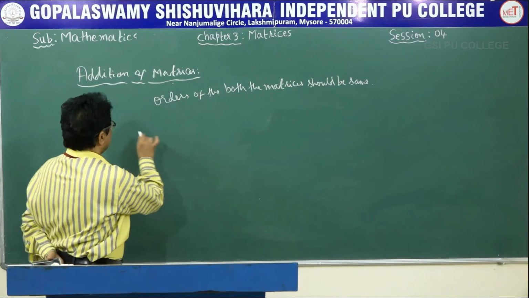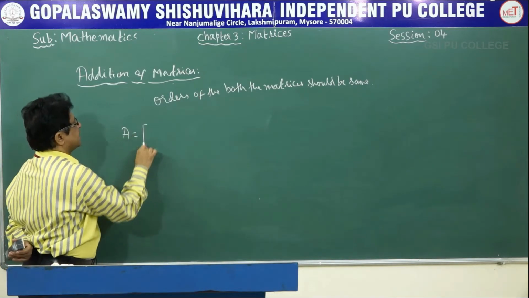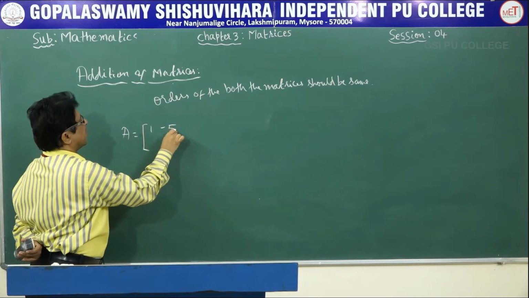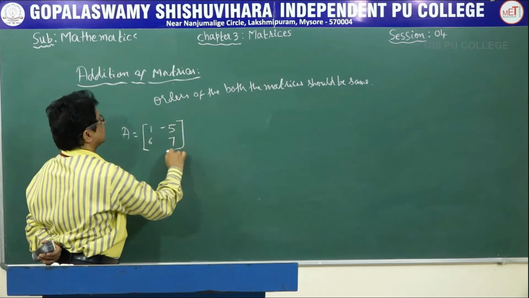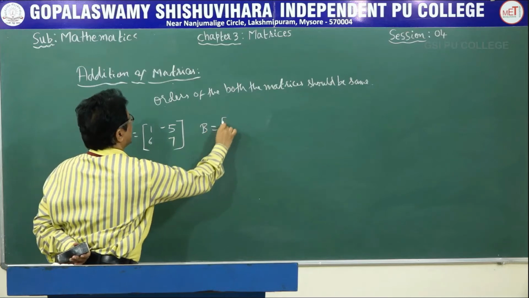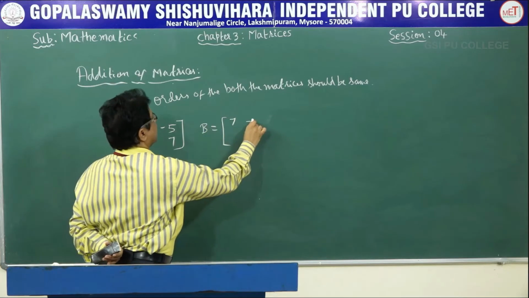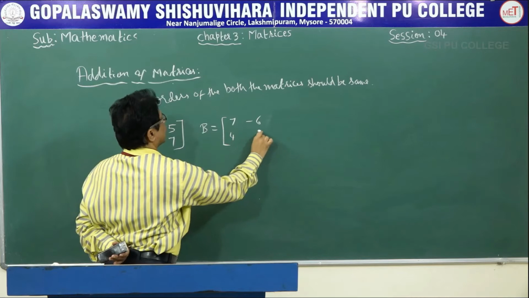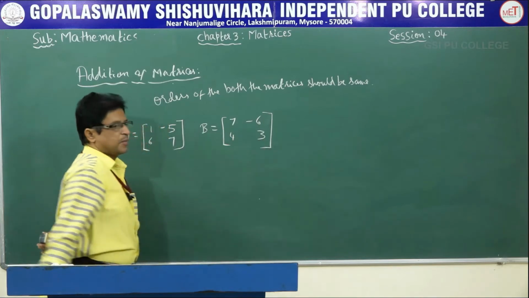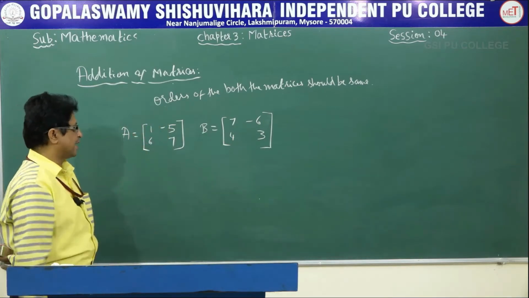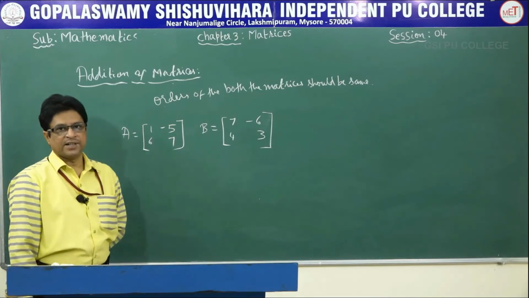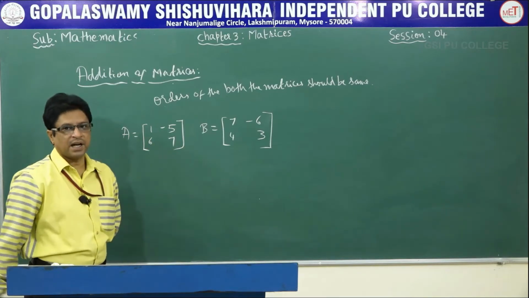For example, let us consider two matrices A whose elements are 1, minus 5, 6, 7 and B equals 7, minus 6, 4, 3. Suppose if you want to add these two matrices, first we should verify whether the orders of both the matrices are same.